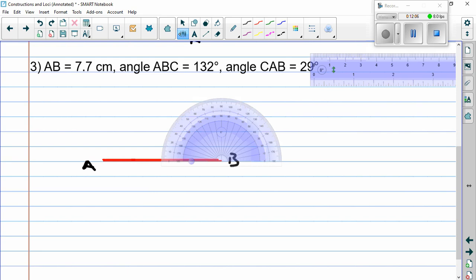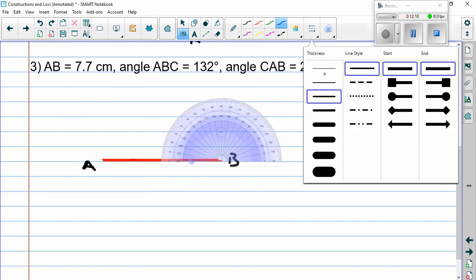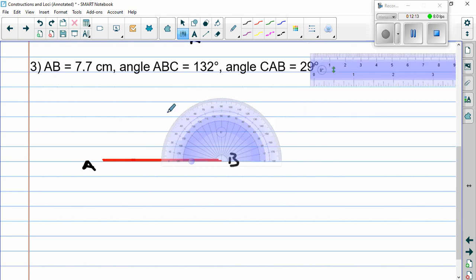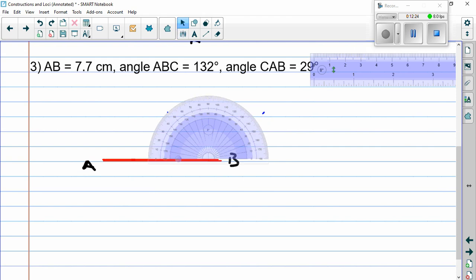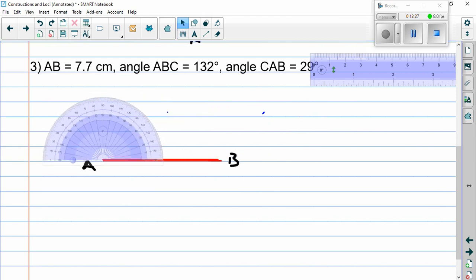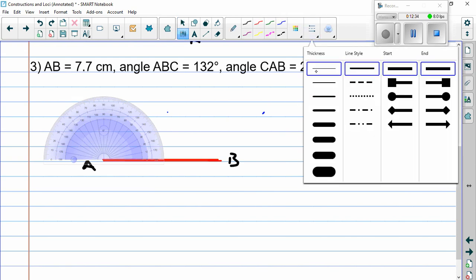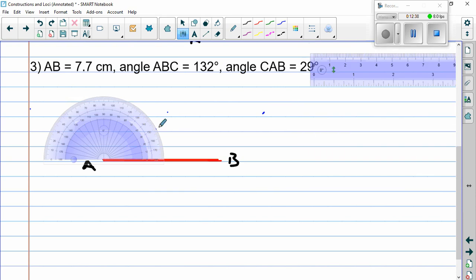That means I'm starting on my left. I normally want it to point towards A, my outermost. So I'm looking at 132. So 132 is going to be over here, right? And then next, this is going to be 29 degrees. That'll be right about there.